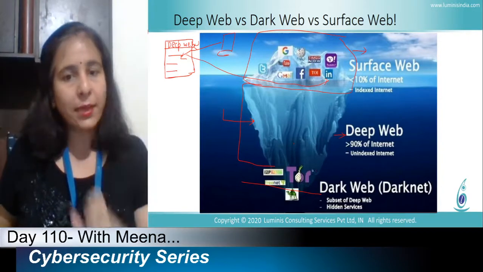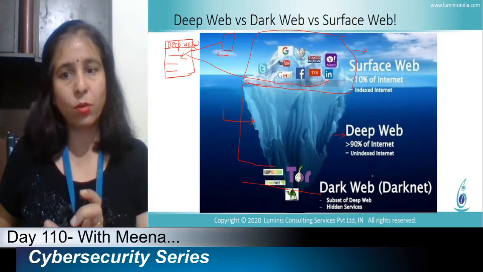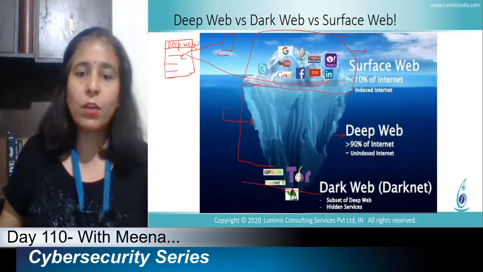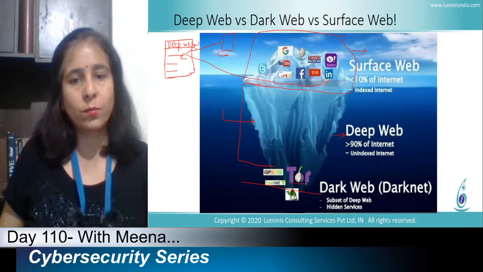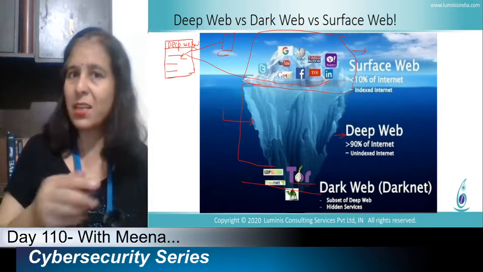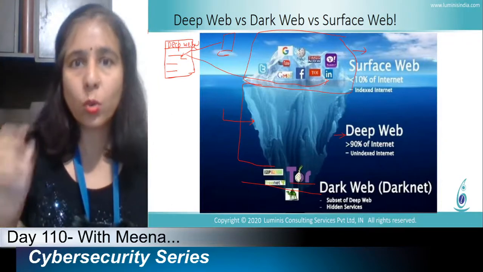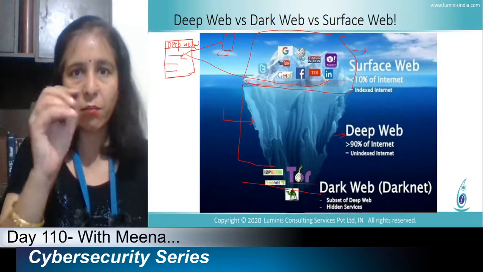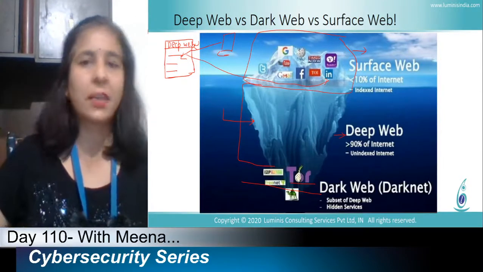To access the dark web or the darknet, we need a special browser, that's Tor, and Tor stands for The Onion Router, a special network where encrypted traffic passes from one hop to the next hop.